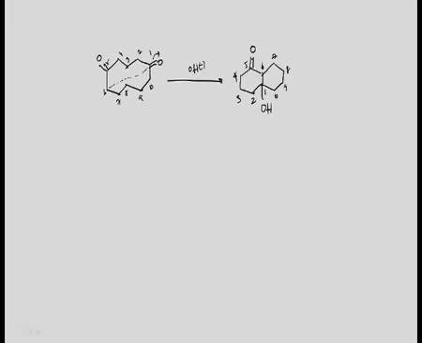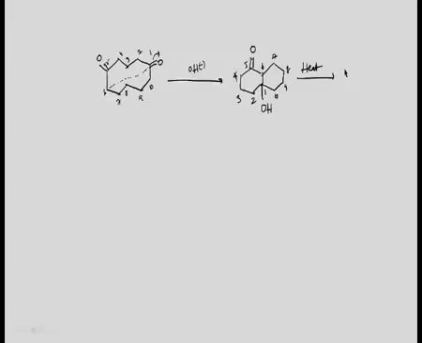So, this 1 carbon comes here now, and this is the 5-position carbonyl group. Now, if you heat it, the aldol condensation product will form. So, you get this enone.